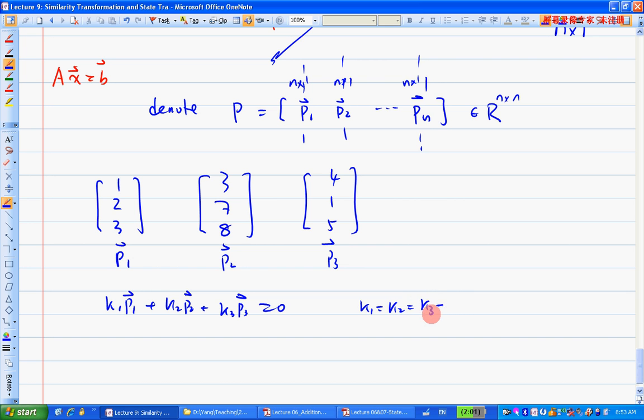If this is the only solution, then the three column vectors here are linearly independent.